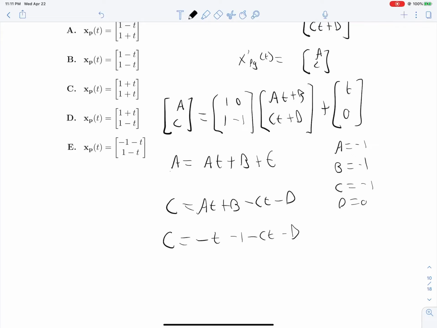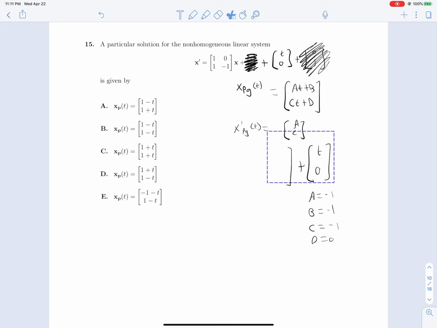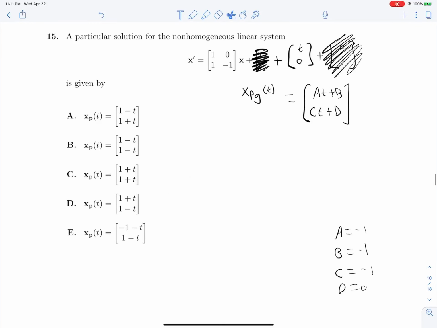Okay, great, so we are most of the way done. I'm going to get rid of most of this work because I'm mostly sure we are on the right track. We can replace a with negative 1, b with negative 1, c with negative 1, and d with 0. So that's the contribution from this t component.